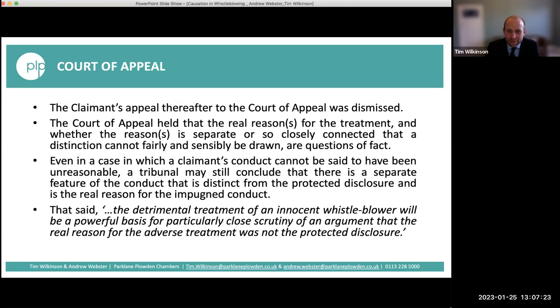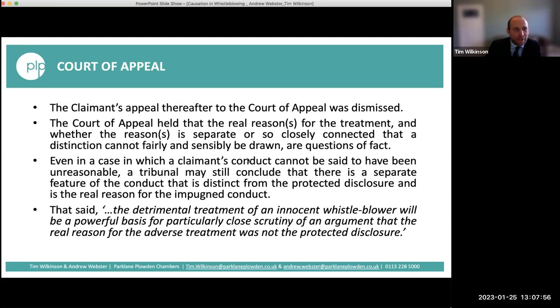Certainly the evidence before the tribunal is going to need to be absolutely clear on this point, but also, from a client perspective, the contemporaneous documentation is going to have to be absolutely clear on the reason for the treatment, either the dismissal or the detrimental treatment. And it's going to encourage particular scrutiny from tribunals where the behaviour of the employee has not been unreasonable.